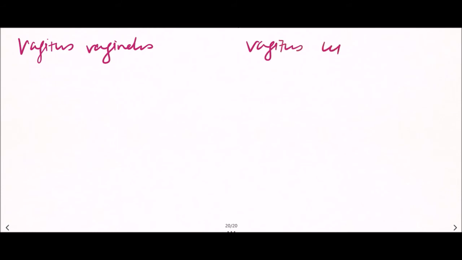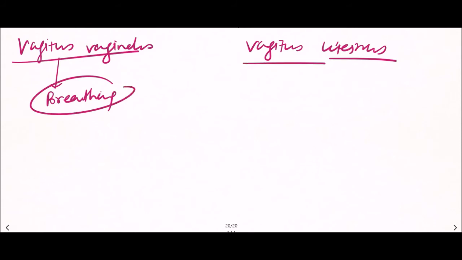Now there are two terms. One is vagitus vaginalis, and second is vagitus uterinus. So vagitus vaginalis is when the child may breathe while its head is in the vagina. While the head is protruding out of the outlet, the child is breathing.